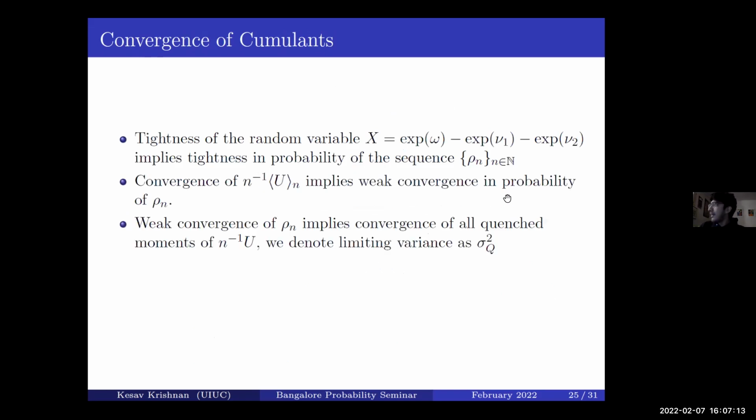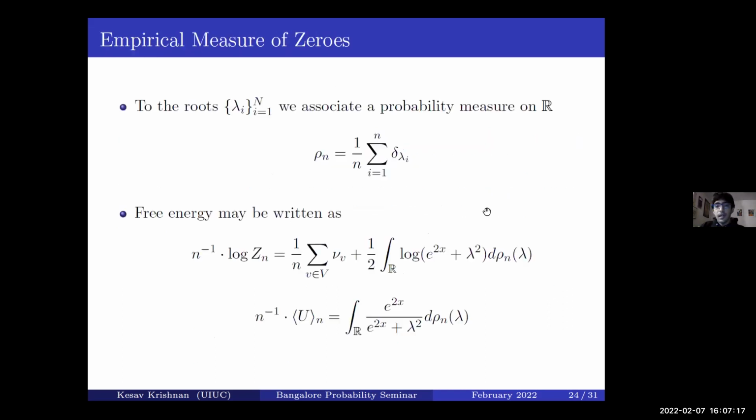So you have the convergence of this empirical measure. If you wanted the quenched variance, for instance, all you would have to do is take the derivative of the expression for the average number of unpaired vertices with respect to x. Then you're still integrating a bounded function with respect to a probability measure. So if rho n is weakly convergent, the integral converges as well.